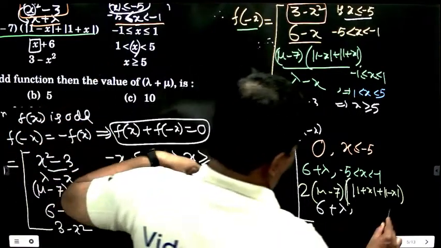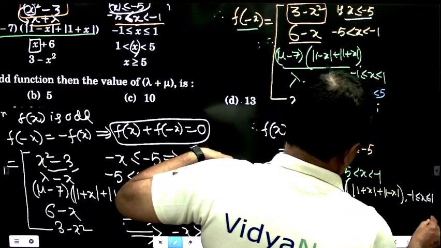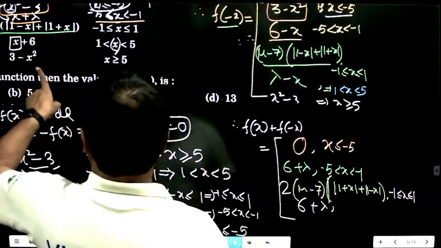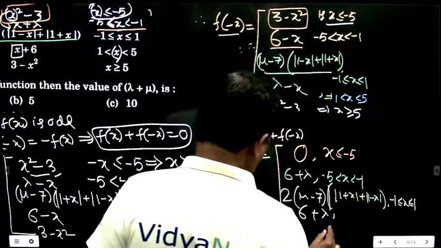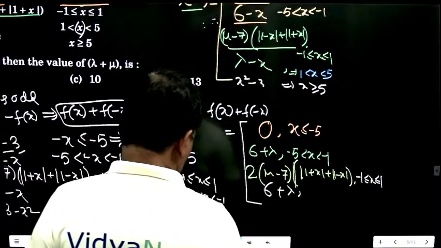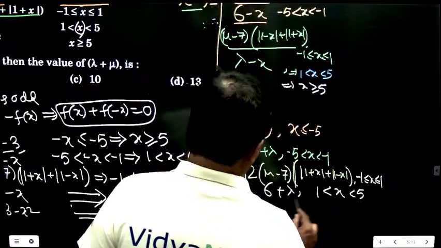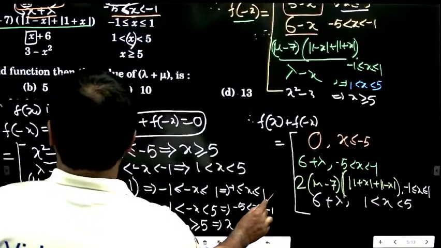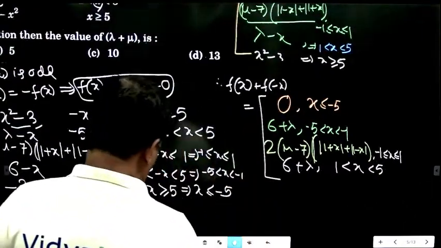This interval will be valid and last interval, you see, x greater than 5, 3 minus x square minus 3, again 0.